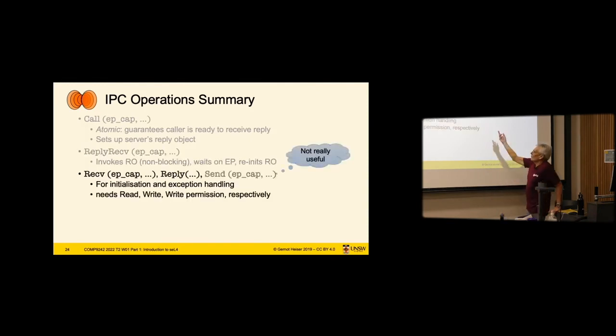There's also one-way operations of this, a receive only or a reply only or a send only. And the send only is actually fairly useless. I do not see any reason why you would ever want to use that one. So if you think of using a send-only IPC, you're most likely doing something wrong. The receive-only is needed sometimes.